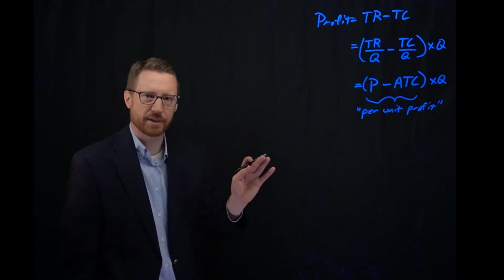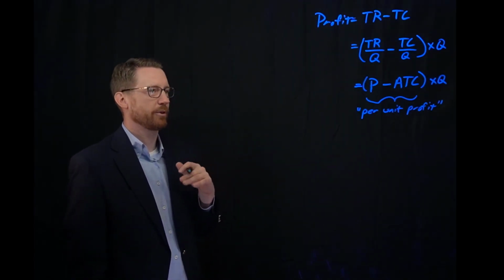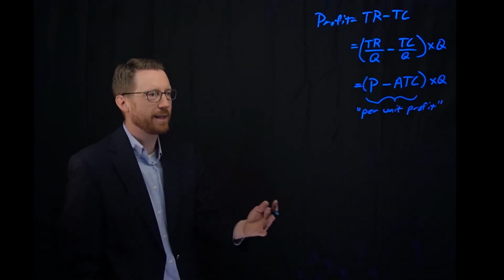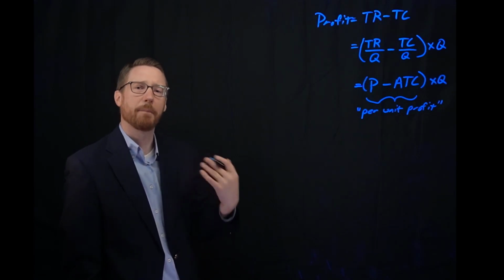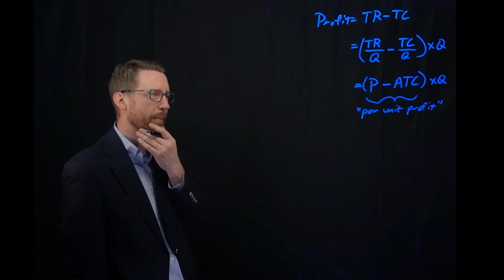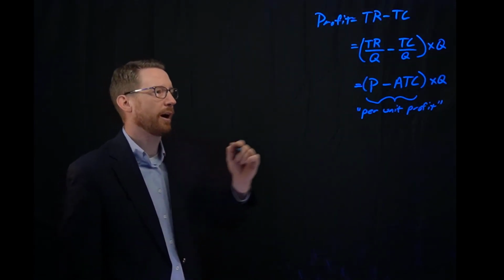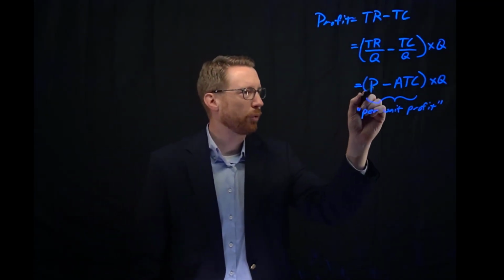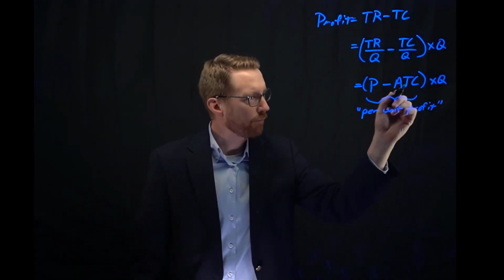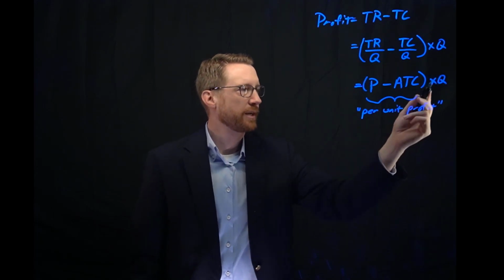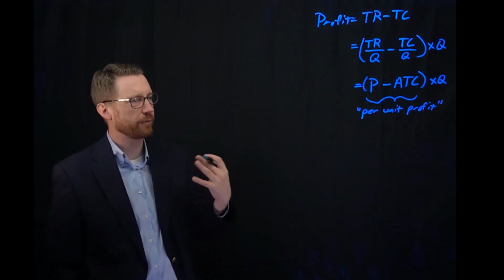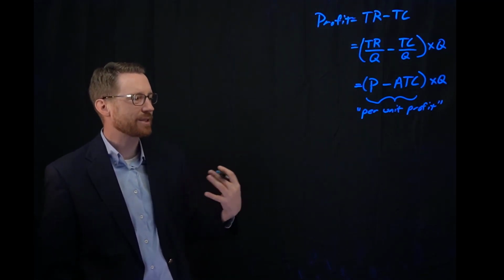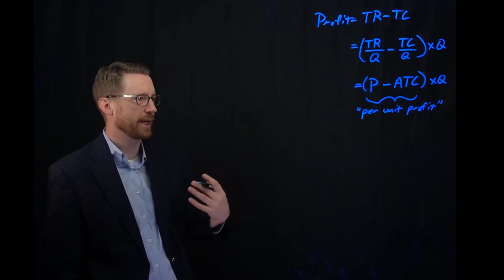They take prices as given from the market, and they're able to sell as many as they want into that market without changing price. So profit is equal to price minus the average cost of producing the good, times how many were sold.